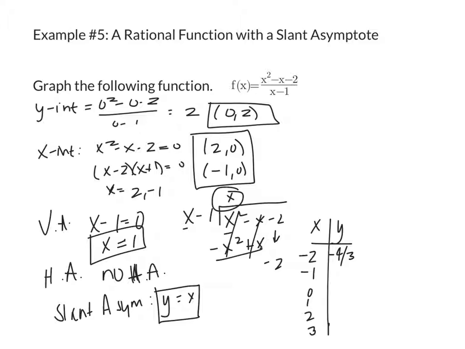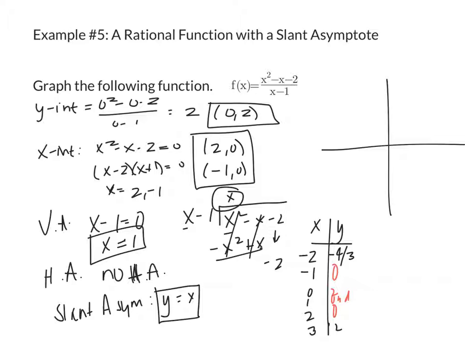There's no need to sub in negative 1 because it is 0. We know that from the x-intercept. We also know that 2 is 0. We know that 0 is 2 from the y-intercept, and we know that 1 is undefined. So the only other one I need to find is 3. If I sub in 3 into that function, 3 is 2.